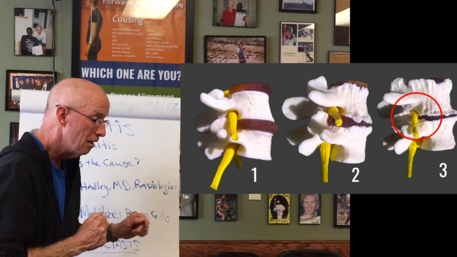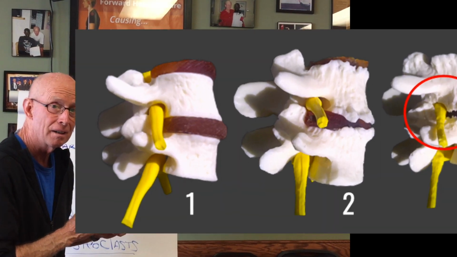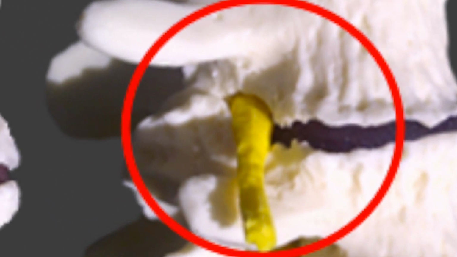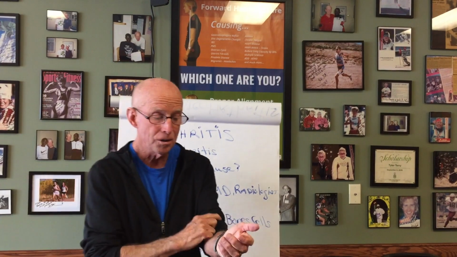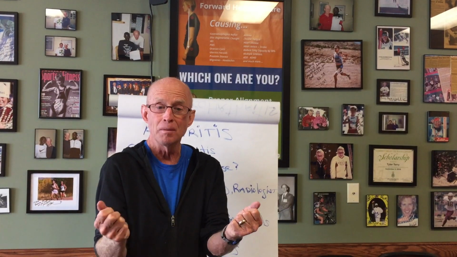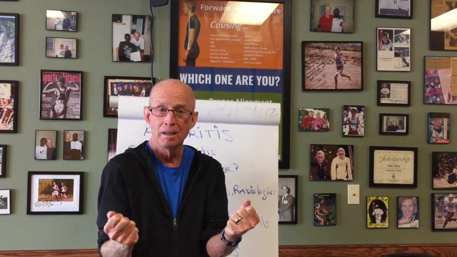And then you look at phase 3, and then phase 4, and it just keeps getting worse and worse. The problem is, in phase 3 and 4, there's hardly any place for the nerve to come out. We can see that in these little models here, phase 1, 2, and 3, right? Notice how tiny the nerve gets here. So imagine that nerve going to your thyroid, or your heart, or your lungs, or your shoulders, arms, and hands. Do you think you might have some numbness or some tingling?